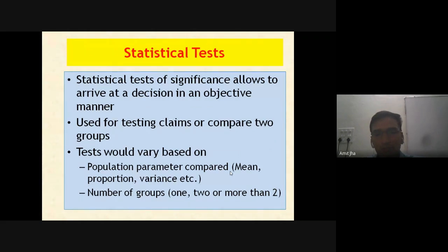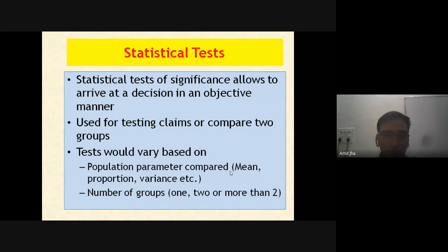Now, moving ahead, once we have a data set and information about its descriptive statistics, we know its mean, median, mode, and what the variations among them are.